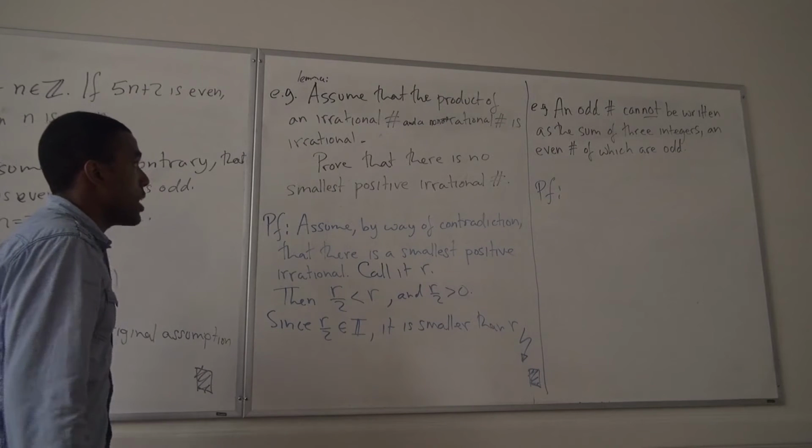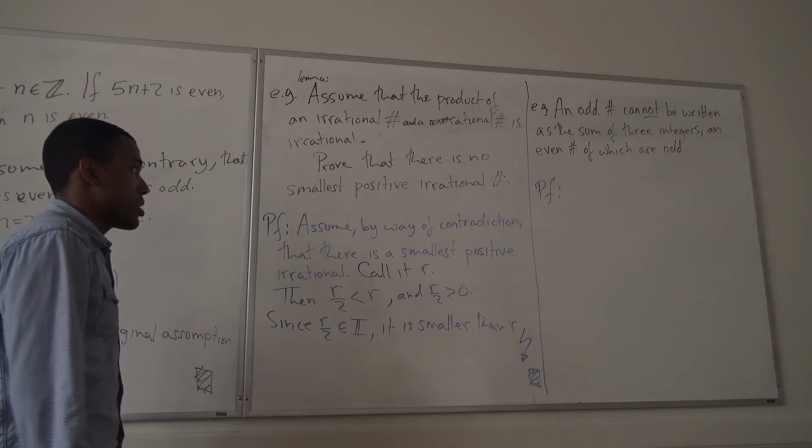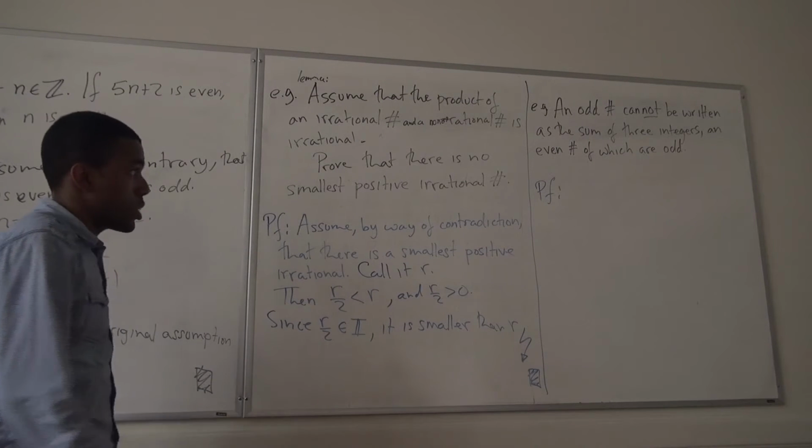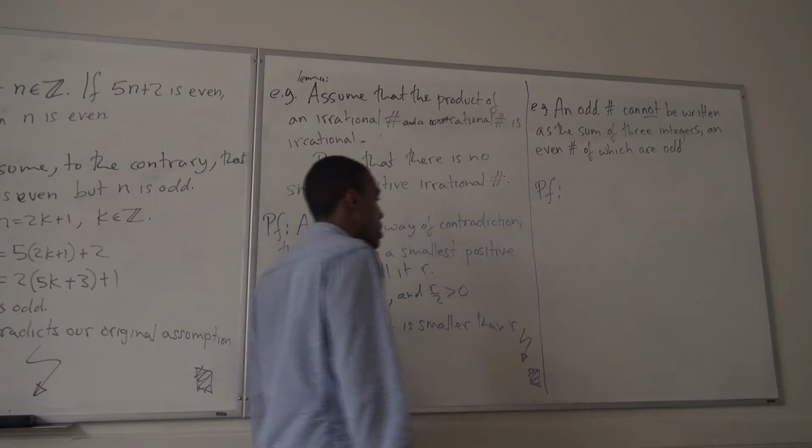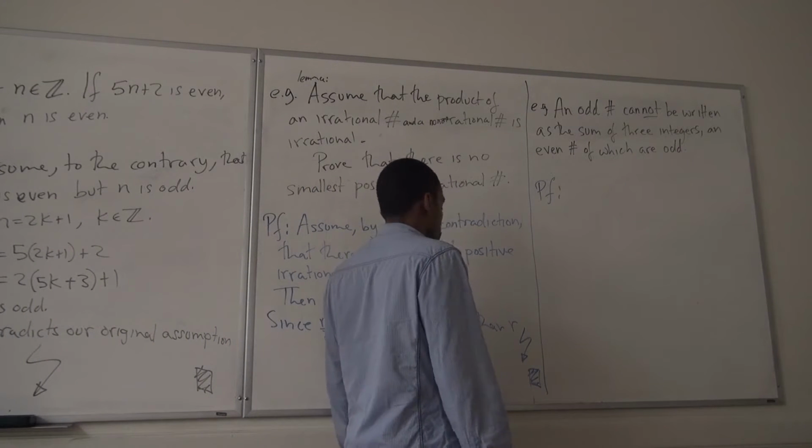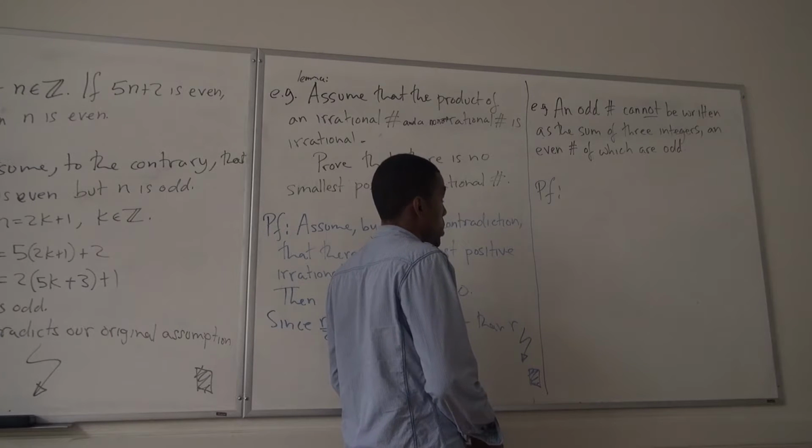So the claim is you cannot write an odd number in this fashion. You can't write it as a sum of three integers where an even number of them are odd. Okay, how do we prove it?